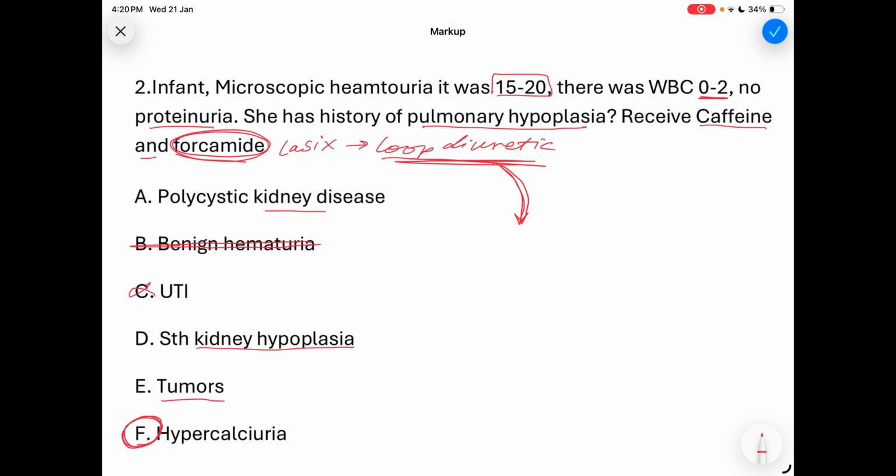So I assume إنه hypercalciuria يعني نزل الكالسيوم مع البول بسبب استخدام اللوب diuretic. يعني سؤال ناقص، بس ما أتوقع إن في كان structural defect. هذا كلهم structural defect. ما في طريقة إن نميز بينهم specifically in this case. So I'd say it is F.